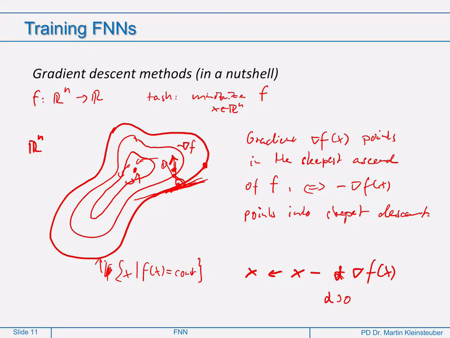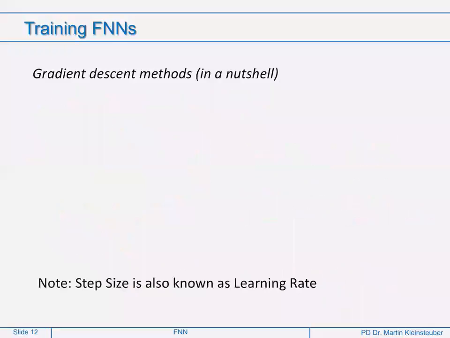So these are the gradient descent methods, and training a neural network is nothing else than doing this thing in a very high dimensional space. For gradient descent methods, the Rn here is actually given by the number of weights, W1 to WL. We have all of these W's.